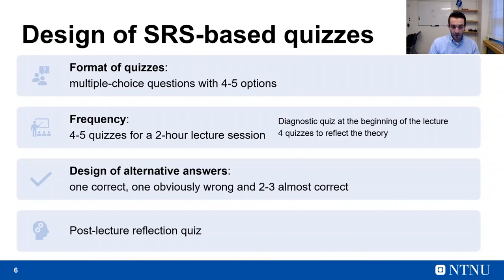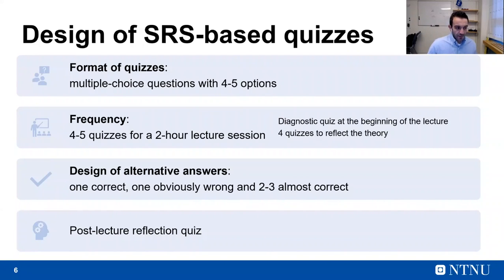After the students responded, I always carried out a post-analysis of each quiz. And at the end of the lecture, I also carried out a post-lecture reflection question about their feeling and their understanding of each specific lecture.